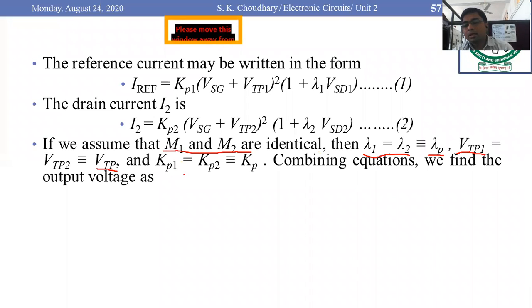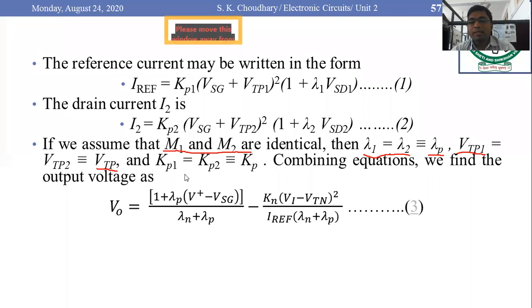Kp1 is equal to Kp2 and is equal to Kp, because we are assuming that both transistors are identical in nature. And when you combine equations 1 and 2, you would find that I reference would be nearly equal to I2.